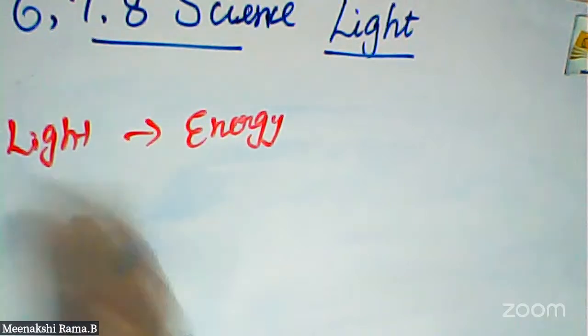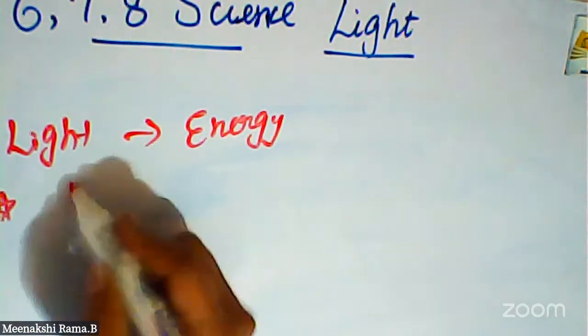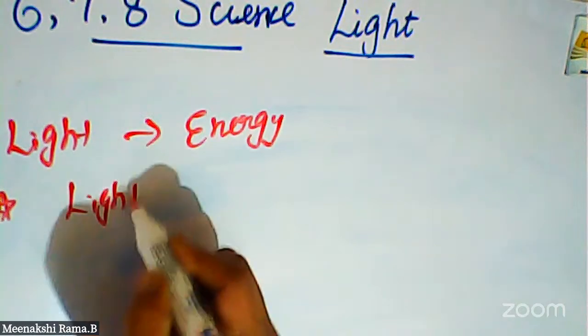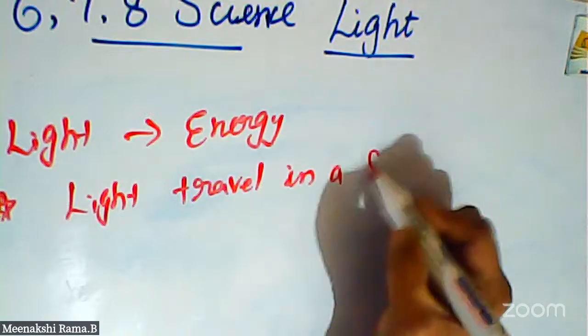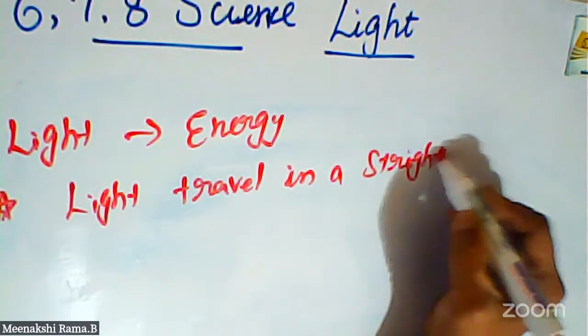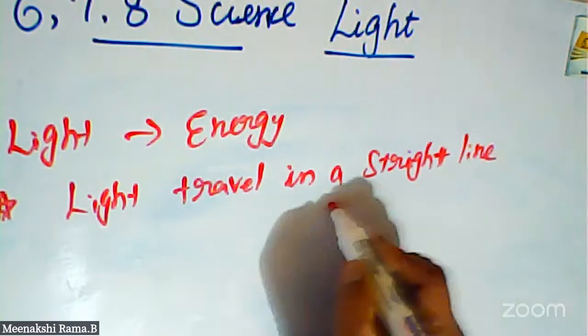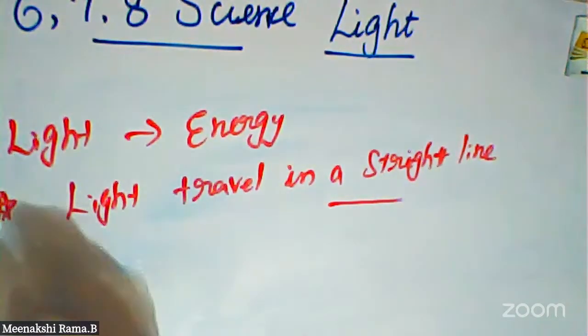What are the properties? The first property is that light travels in a straight line only, just in a straight path. And then, light is reflected by a polished surface.